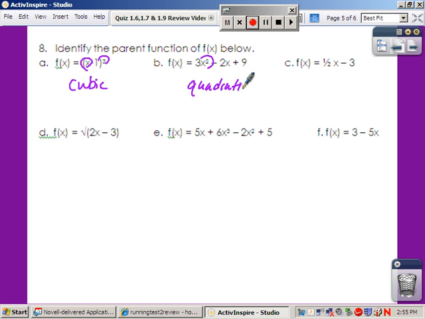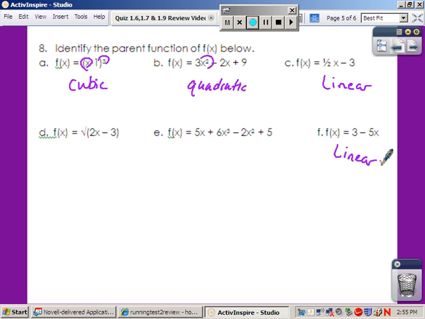So all the other stuff in the equation really doesn't matter. What matters is the variable with the highest exponent. Here, it's just a plain x. So 1/2 means nothing, neither does a minus 3. It's just a plain x with no exponent, or an understood 1 there. This is linear. Actually, same thing here. This one is also linear.